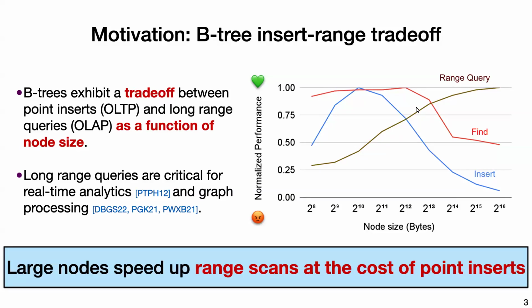And then find is also increasing a little bit and then falling off with the node size. And range query is continuing to go up, even as the node size gets large. And so there's a trade-off. And we want to achieve good performance on both point operations and on range operations. So it's a classic trade-off in B trees.